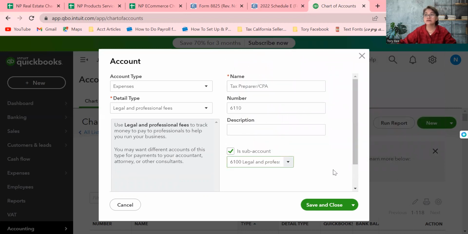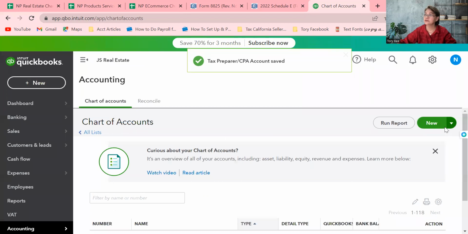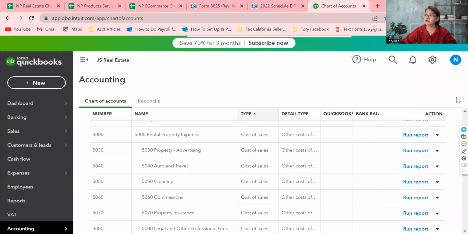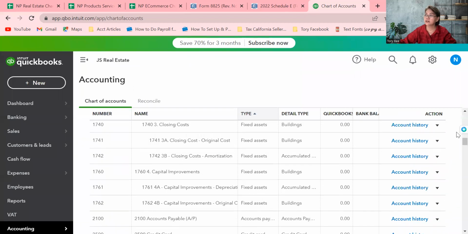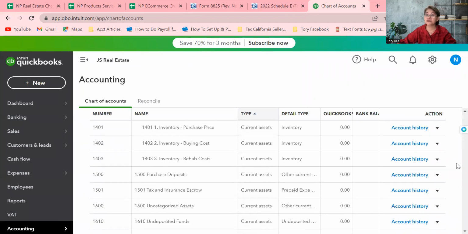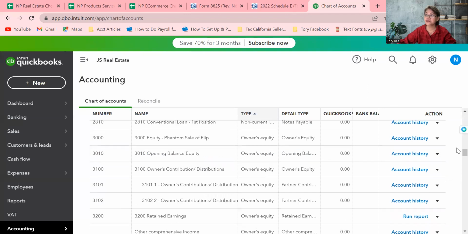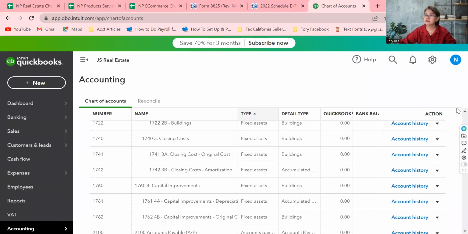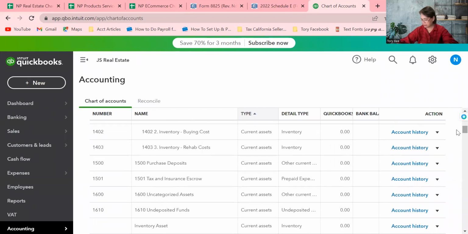Just like that. Then save and close. So I will show you another. At least you've seen how to do sub accounts. It's very easy if you create a mother account with sub accounts, because everything is being itemized.